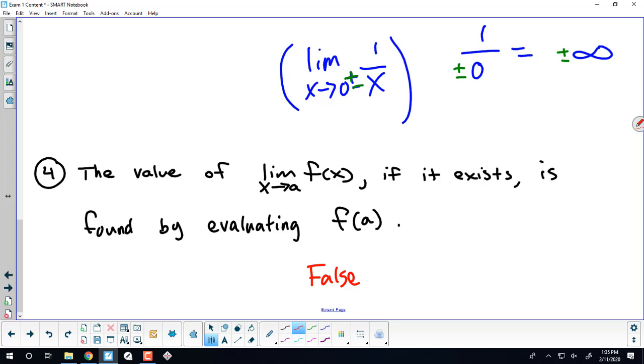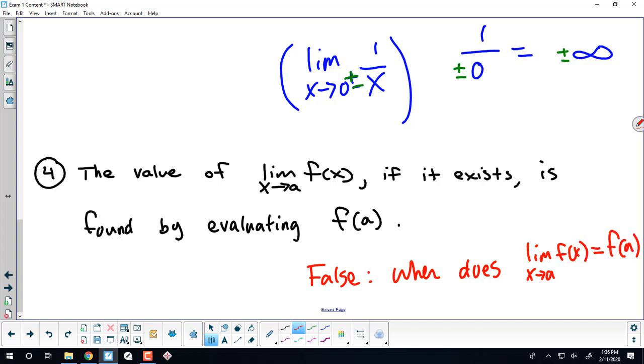So there's multiple ways to answer this. When is the value of this limit equal to f of a? So I guess we could say when does the limit as x approaches a of a function equal f of a? When does that happen?